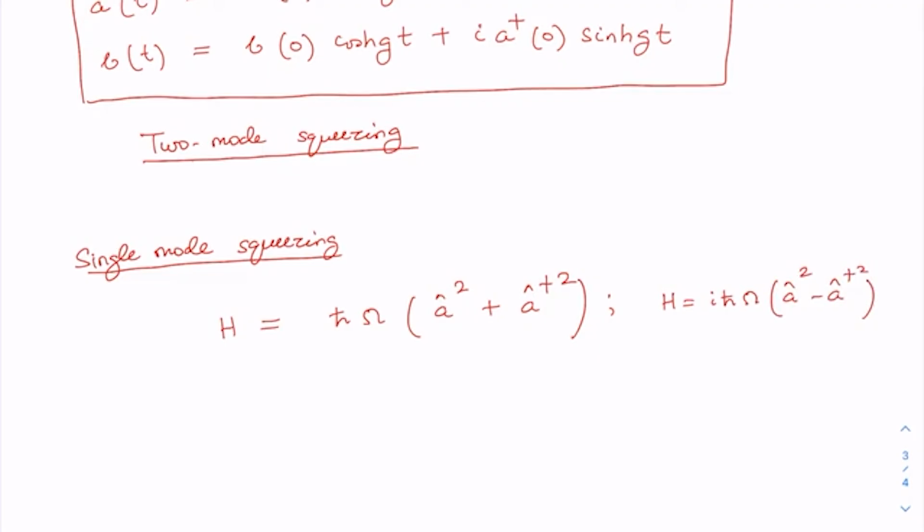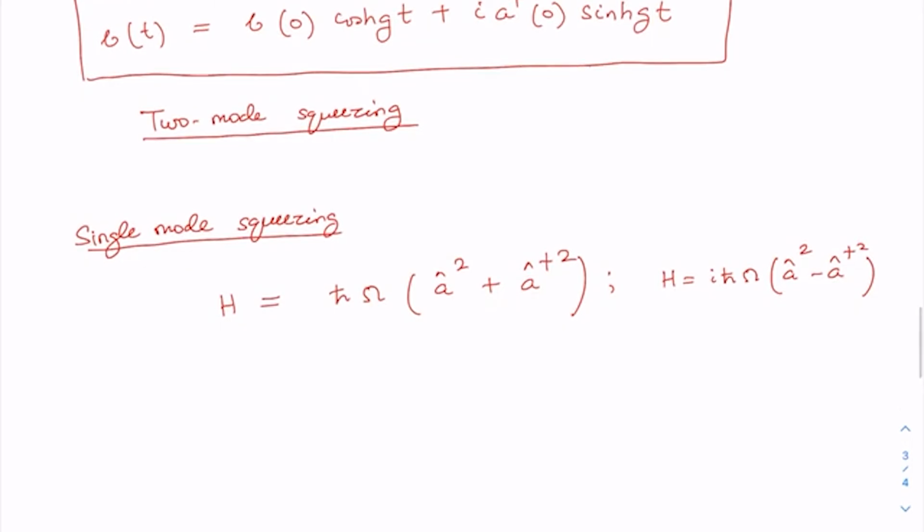Both the Hamiltonians are equivalent because it has to be Hermitian, so either of the forms is okay. So let us say we have this Hamiltonian.